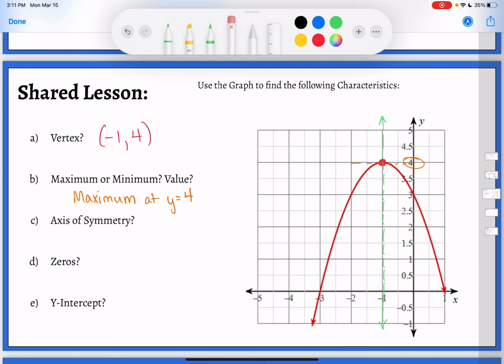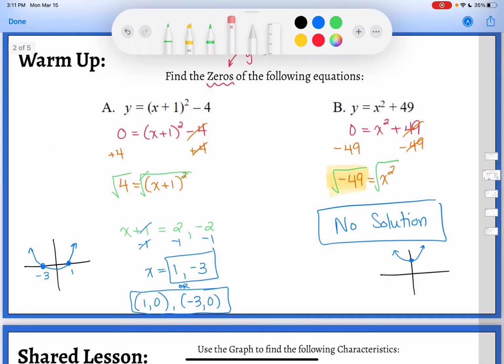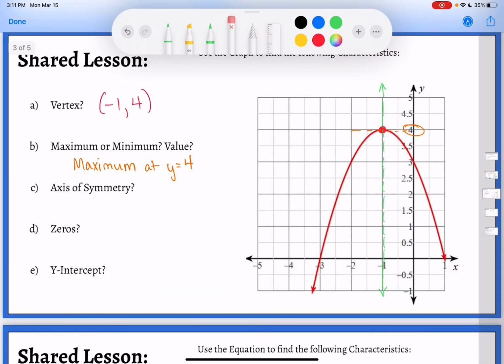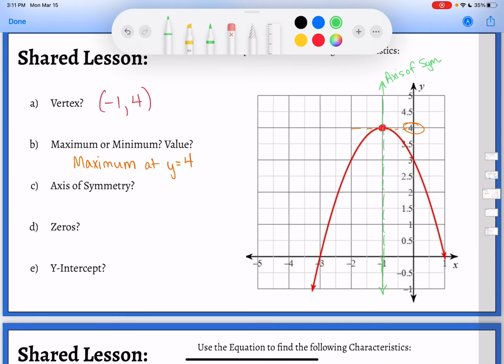Sorry about that. There we go. And the equation of a vertical line is x equals a number, right? And in this case, the number would be -1. It's also the x coordinate of my vertex. X equals -1. You can see that we use the numbers from our vertex in two places.